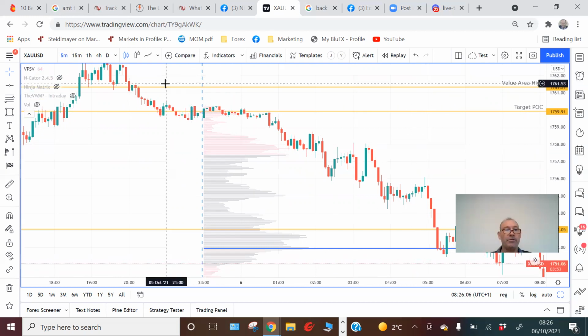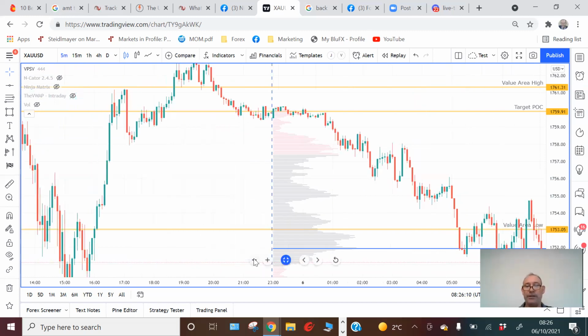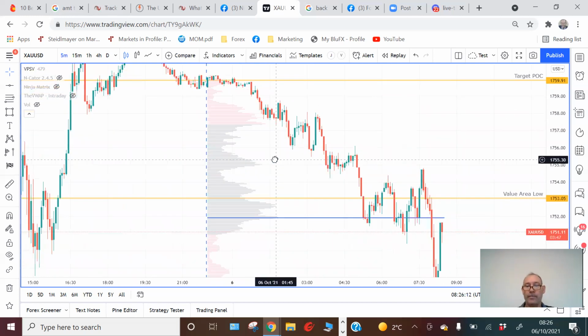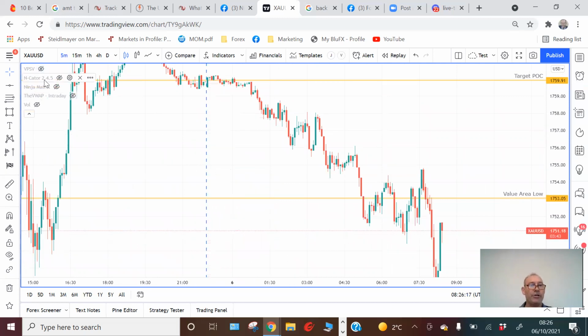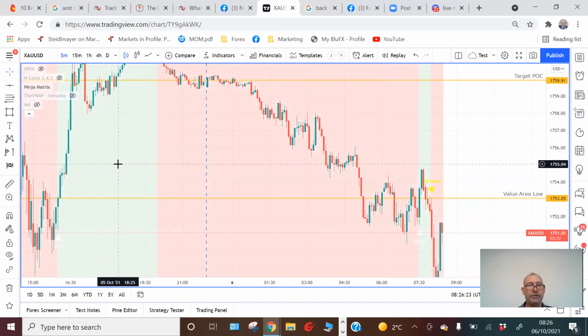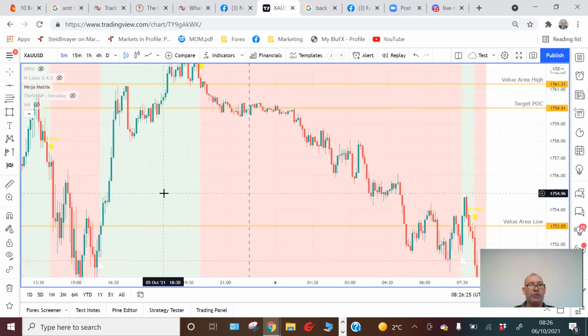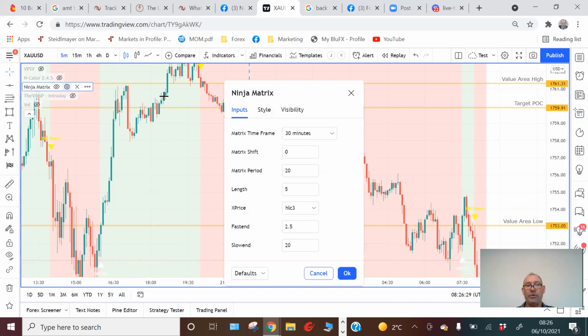What I'm now going to do is talk about exits in a minute. Before I do that, I've switched this one off and I'm just looking at the matrix, nothing else. So when I'm on my 5 minute for my Ninja Matrix, which we all know and love, these are the settings I use.